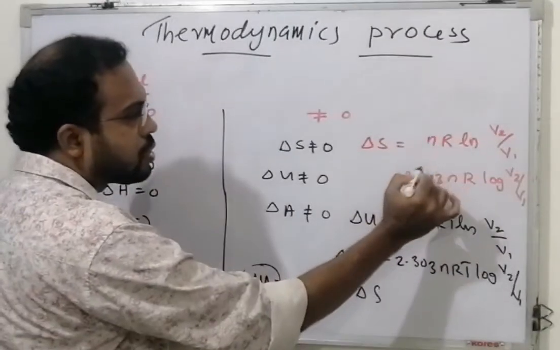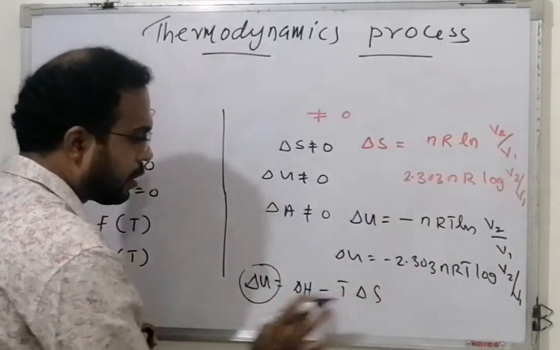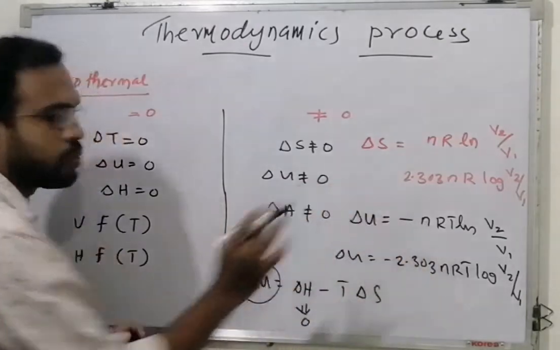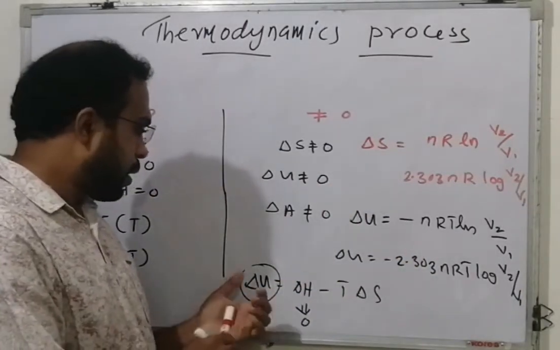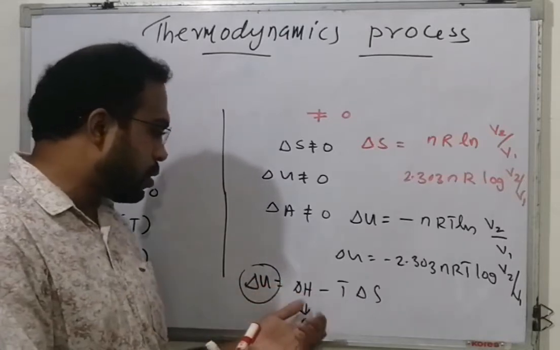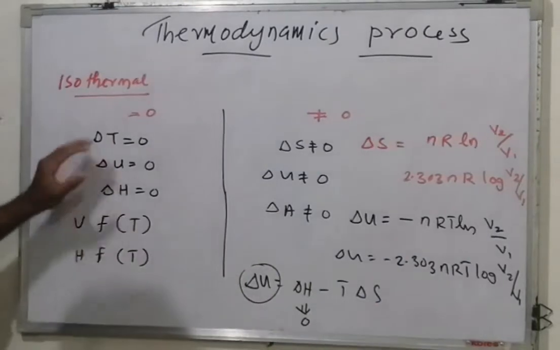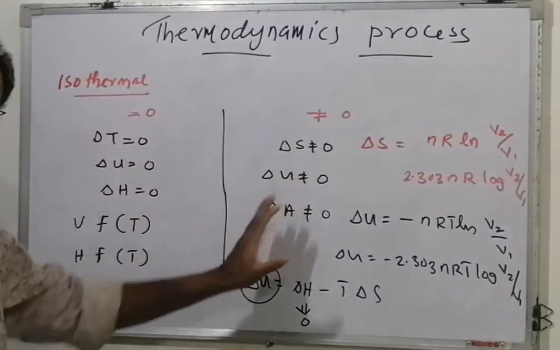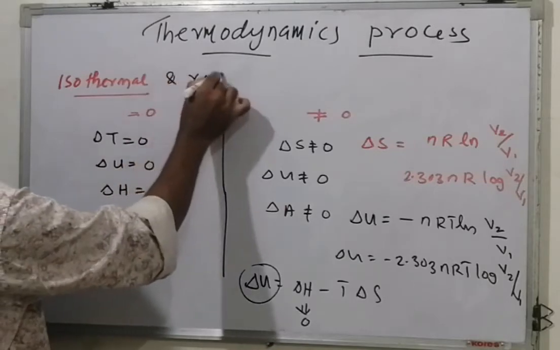This is our delta S, nR ln V2 by V1. Put this here with T. You will get this. Correct. Very simple. Therefore, remember this: delta G is equal to delta H, which is 0, minus T delta S. Okay, for an isothermal process, you have all these criteria, particularly isothermal and reversible.